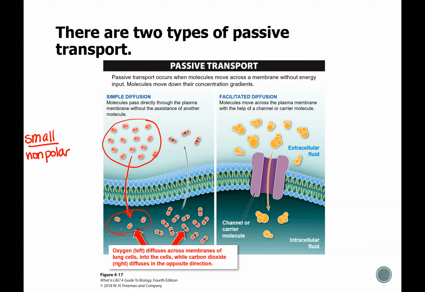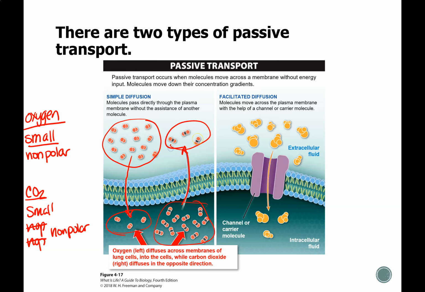It actually is, if the molecule is small enough and has the right properties. So oxygen is really small and it's nonpolar, so oxygen moves by diffusion across the plasma membrane. Carbon dioxide is also small and nonpolar, so it can also diffuse from areas of high concentration inside to areas of low concentration outside. So that's simple diffusion.